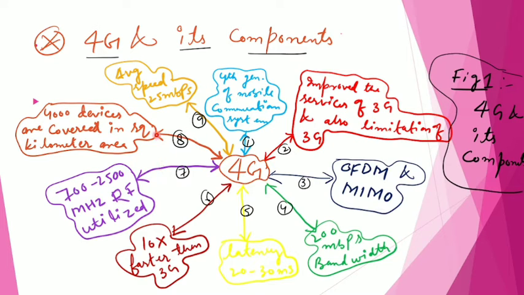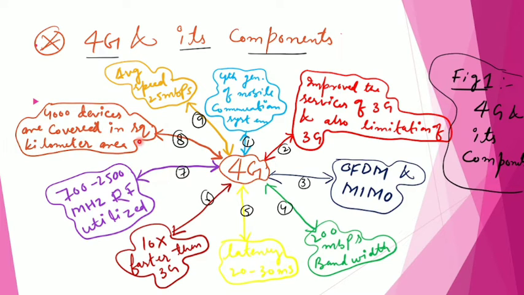So next one is the area coverage: in 1 square kilometer, 4G has operated only 4000 devices at a time.